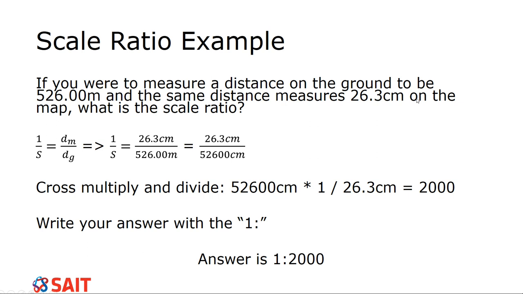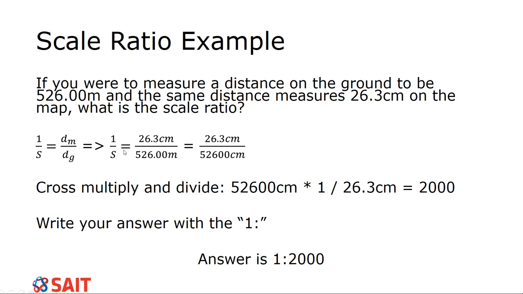So here's an example, just jumping right into some examples. If you were to measure a distance on the ground to be 526 meters, and the same distance measures 26.3 centimeters on the map, what is the scale ratio? So I have my formula, 1 over s equals dm over dg.